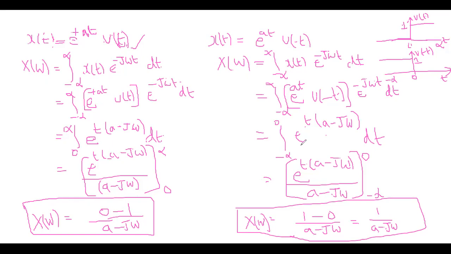Okay, my dear students, we already saw e power plus at mu of t, e power minus at mu of t. You see here, e power minus at, a into the single-sided exponential, the Fourier transformation of a single-sided exponential signal.